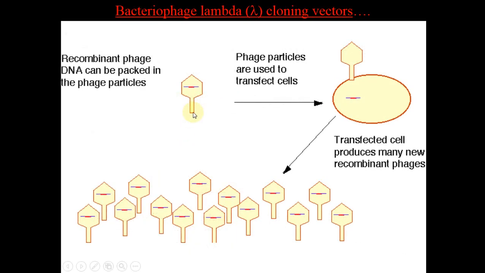Now this DNA is recombinant DNA because some phage genes which are non-essential, not necessary for phage infection and replication, are removed, and your gene of interest is attached here, which is shown with the red color. So this phage which consists of recombinant DNA is a recombinant phage. Then these phages are allowed to infect the E. coli cell and then allowed to release progeny phages after their growth.